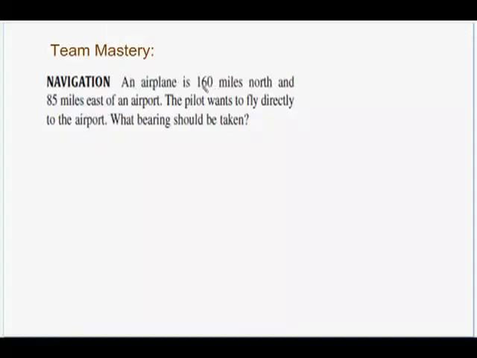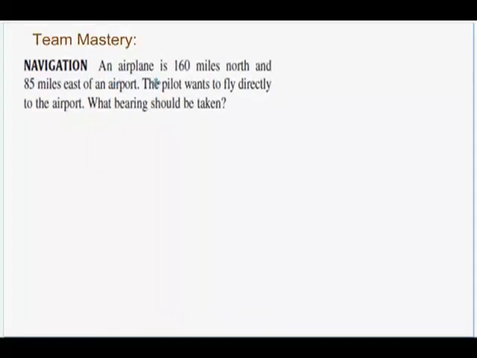Here we have an airplane that is 160 miles north and 85 miles east of an airport. The pilot wants to fly directly to the airport. What bearing should be taken? So now our plane is north and east of an airport. So let's say our plane is right here, 160 miles north and 85 miles east.